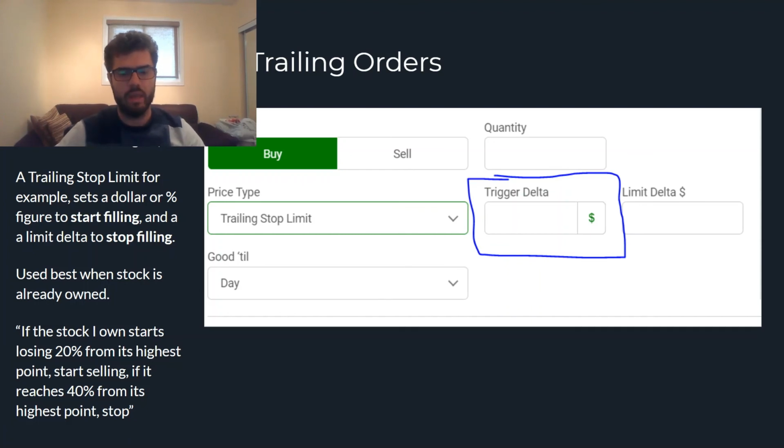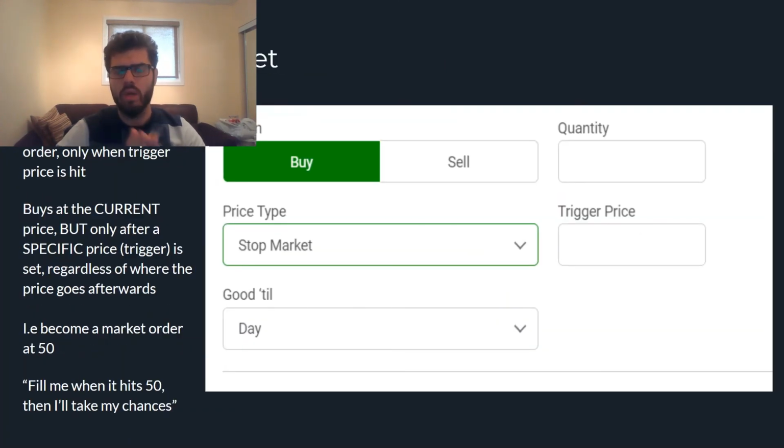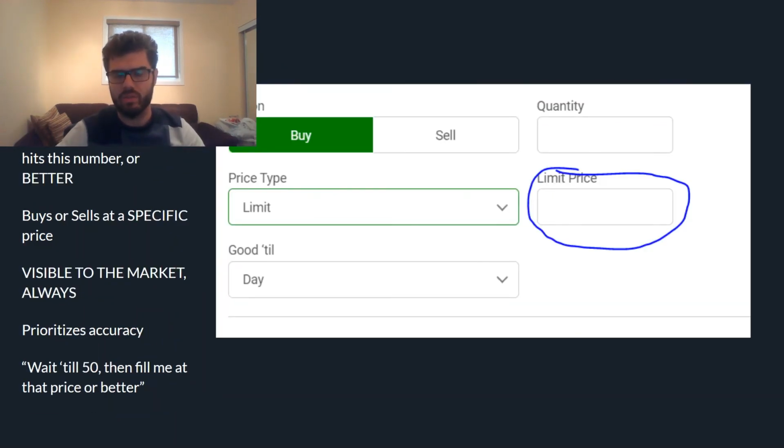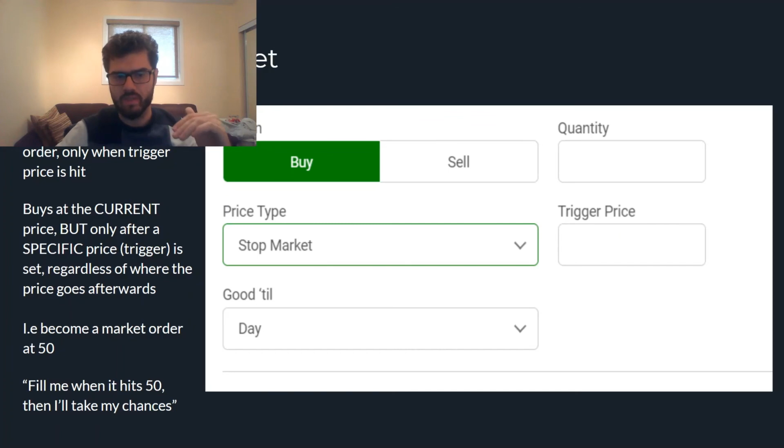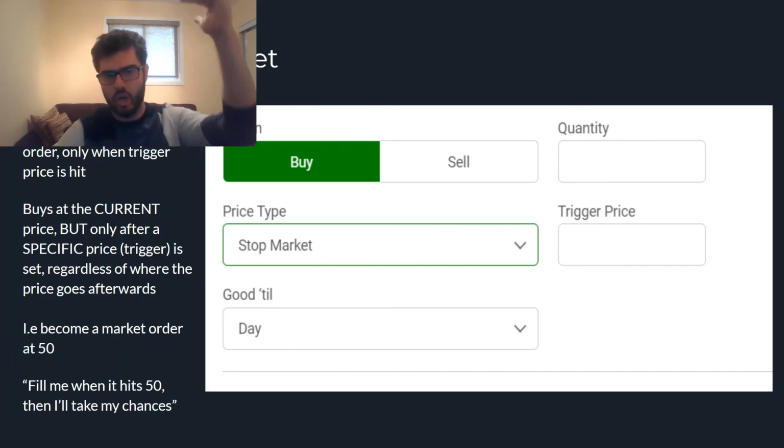But finally, just a word, because I know that the biggest one is going to be the stop market and stop limit. Why? I always get this question: why would I ever put a stop market if a limit price is going to fill me at the price that I want, right? So again, a stop market, when you're going to that specific price, the trigger, it's going to start filling you no matter which way it jumps.